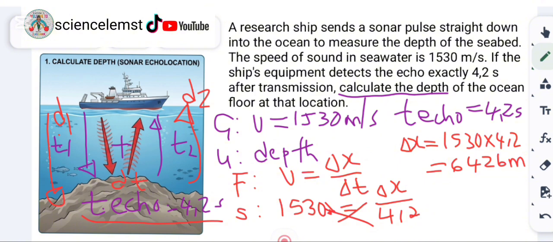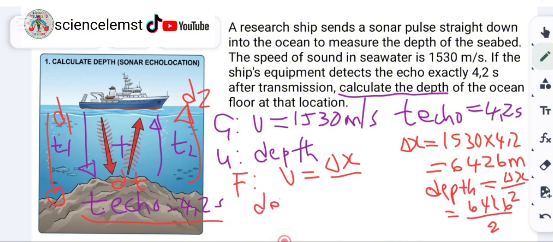So to get the answer for the depth, what am I going to do? I am going to say depth is equal to the delta x that I got, and I'm going to divide it by 2, because I just want to know how deep that is. So it is going to be 6,426 divided by 2.